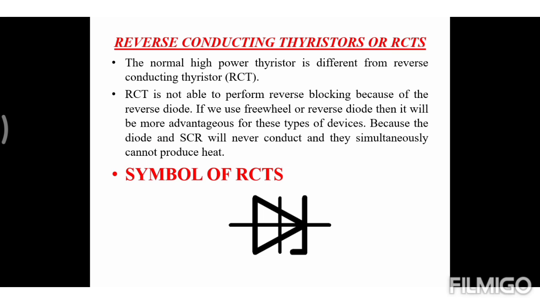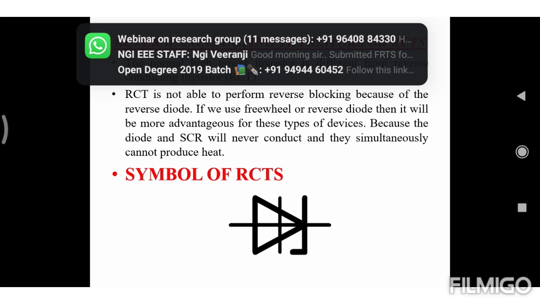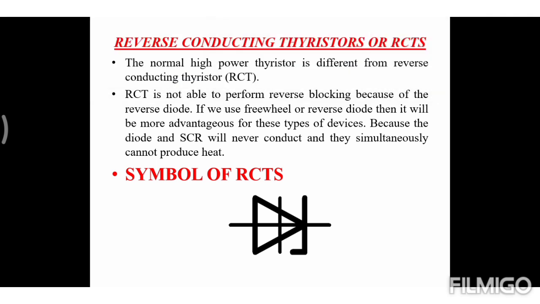Next, reverse conducting thyristors, or RCTs. The normal high power thyristor is different from reverse conducting thyristors. This RCT is not able to perform reverse blocking because of the reverse diode.